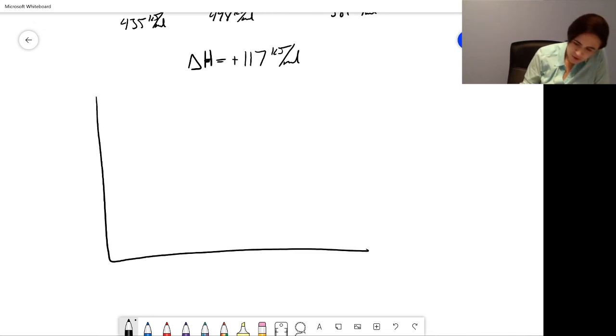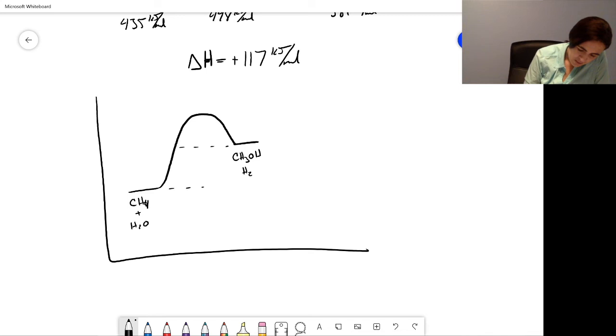If we come to our potential energy surface here, we would see that if we take our methane and water, we're going to make methanol and hydrogen gas, but they are going to be much higher in energy.